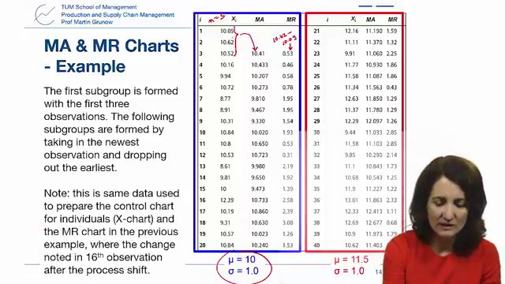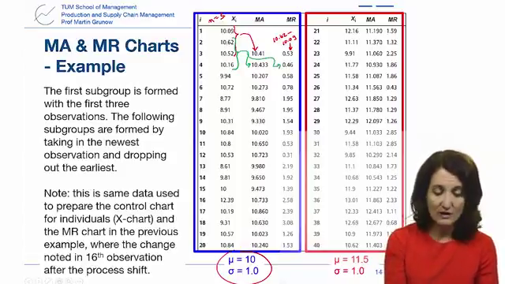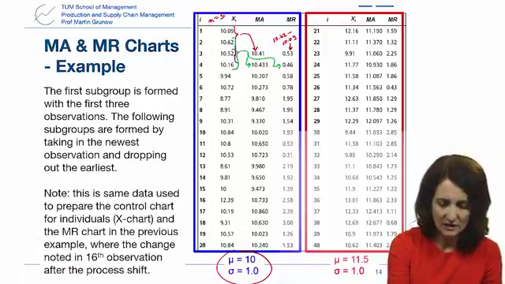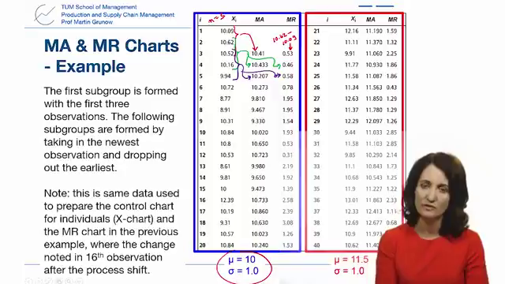Now for the next one, you drop off the original value and you take the new value and you come up with a moving average and a moving range for measurements 2 through 4. And you keep going with this. You take off the old value and add the new value and calculate a moving average and moving range.